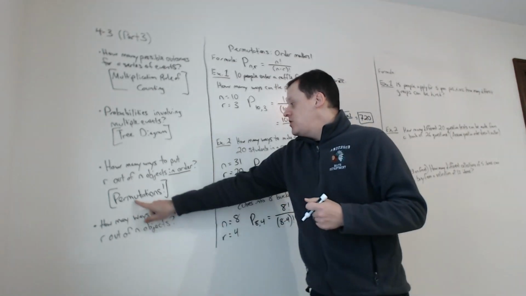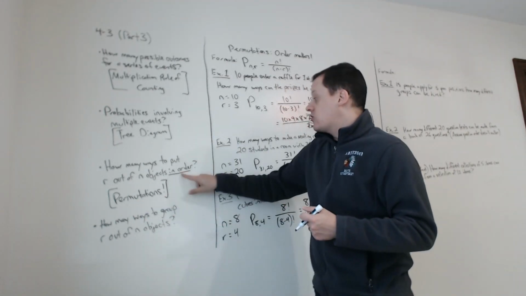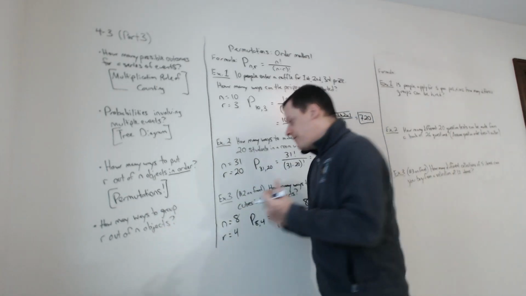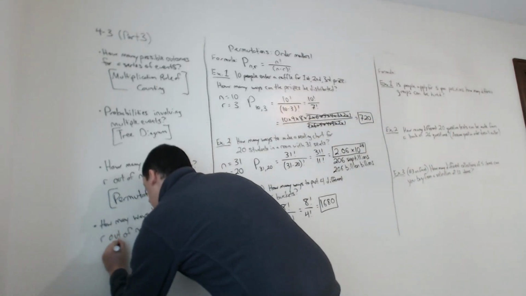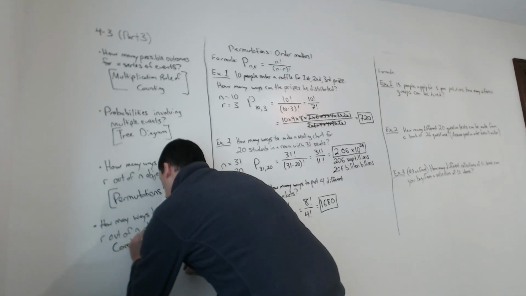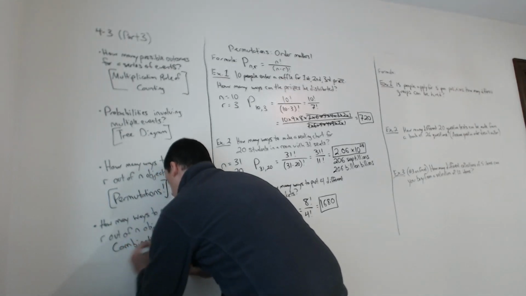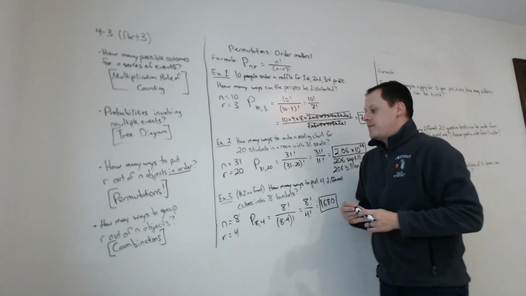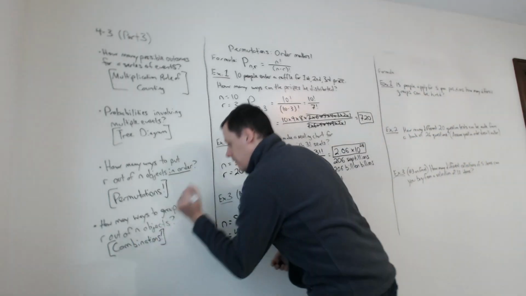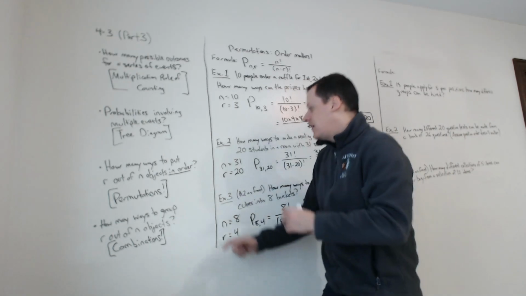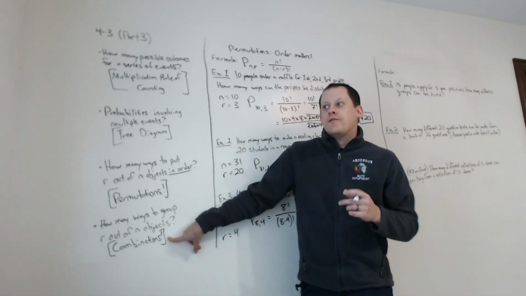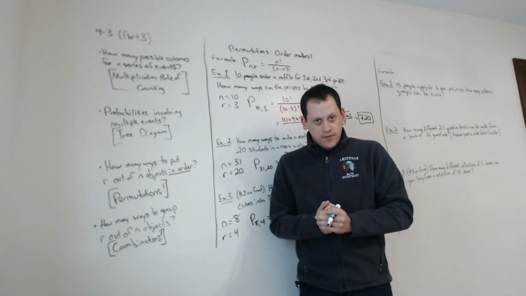Instead of permutations, because permutations are only if the order matters, if the order doesn't matter and you're just grouping, this is where we're going to use combinations. So permutations and combinations refer to similar situations.